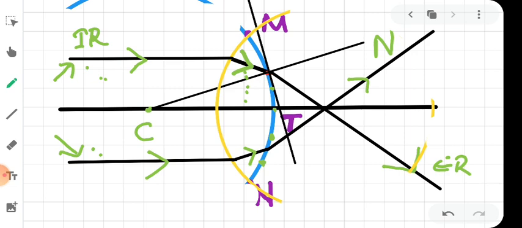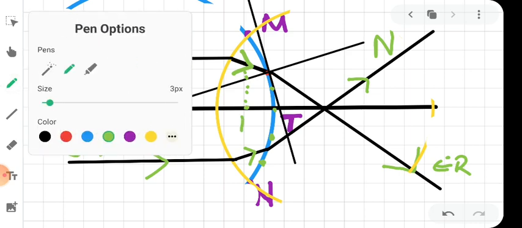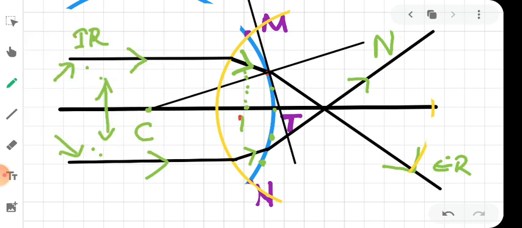So any light ray equally distant from the principal axis will behave symmetrically, because we have placed the lens symmetrically, with the geometrical center of the lens, the pole, on the principal axis. Due to this symmetrical placement, above and below look the same, so that's what symmetry means.